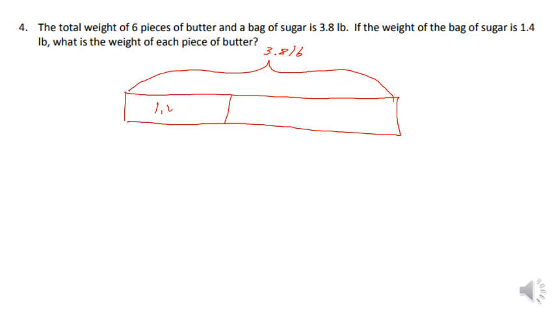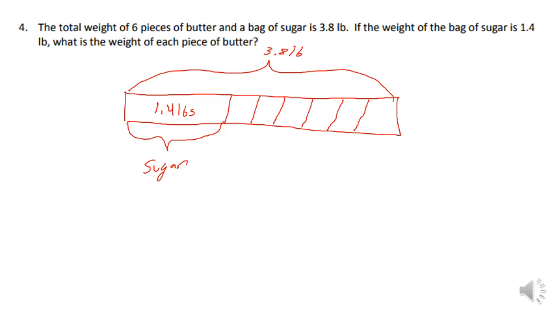That's 1.4 pounds, and I know this was the sugar. Now I know this is the butter, but it says that there were 6 pieces of butter. So I'm going to split this into thirds first. And I'm going to take those thirds and split them again so they're into 6. So now I have 6 sections of butter.